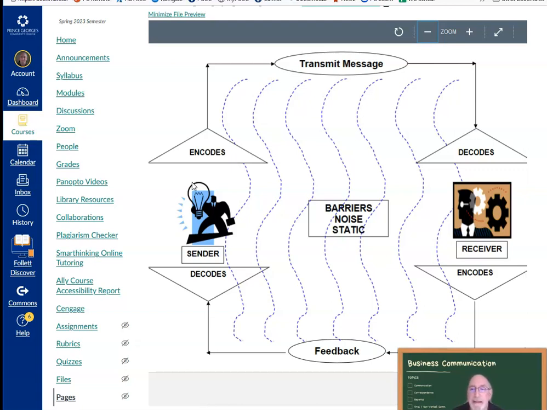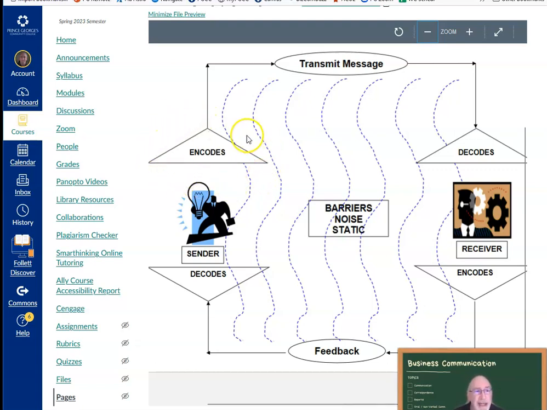Somehow, some stimuli, whether internal, such as a smell, or external, such as reading a memo or something in a textbook, cause the sender to think, for example, I need to send Joe a message.